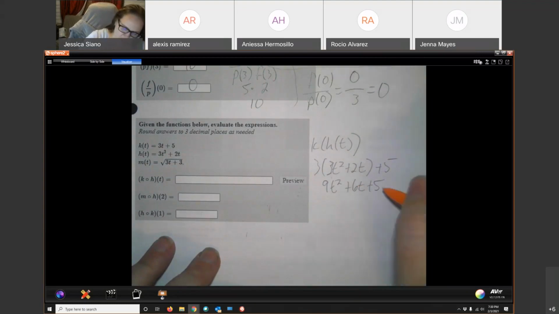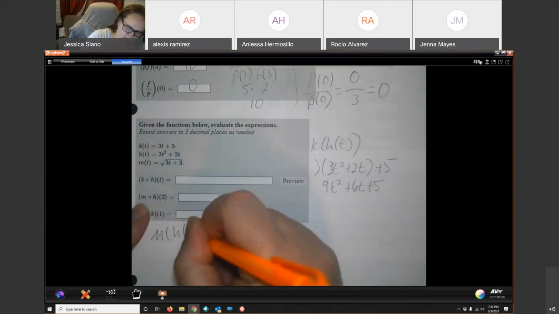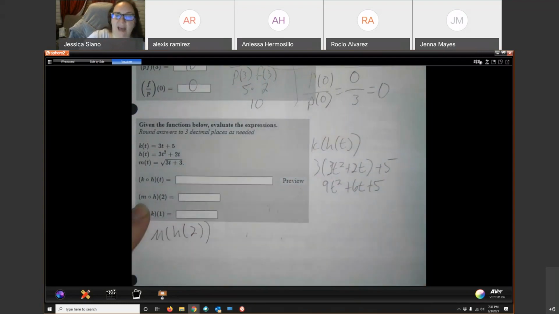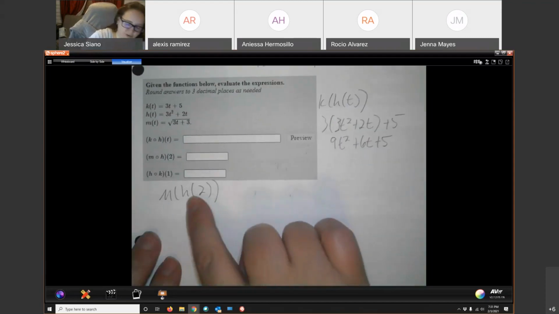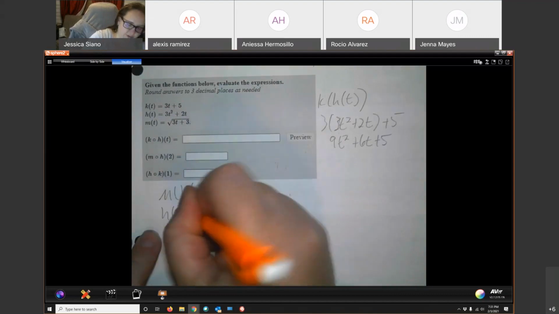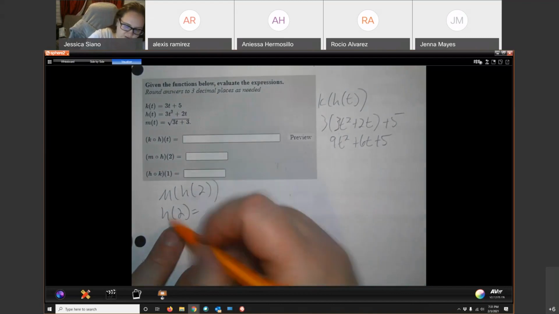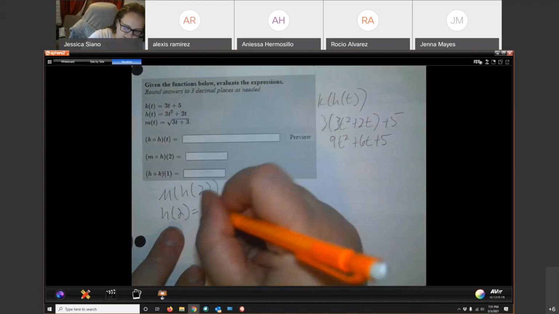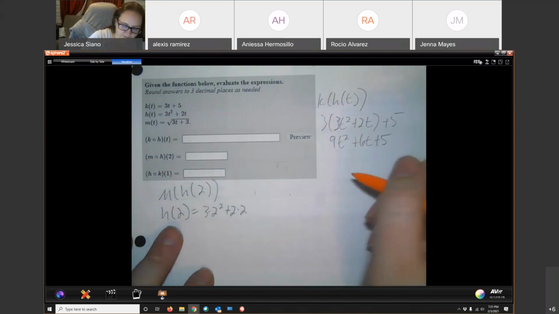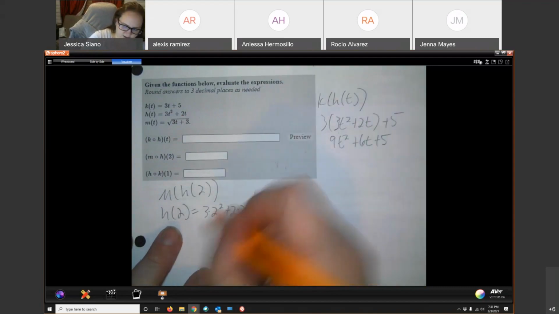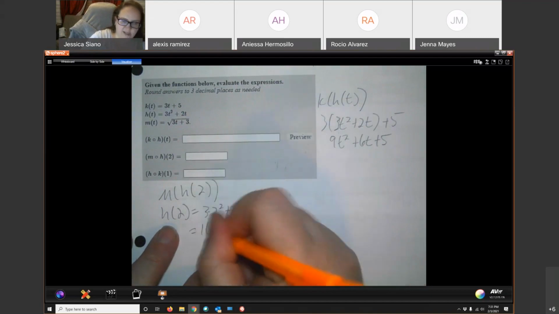Okay. So here, if we want to do m of h when we're composing at a value, do the inside first. So first I need to know what is h of 2. So to find h of 2, I plug a 2 in here. 3 times 2 squared plus 2 times 2. So that's going to be 4 times 3 is 12, and then plus 4, so 16.